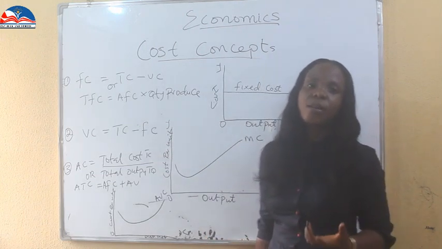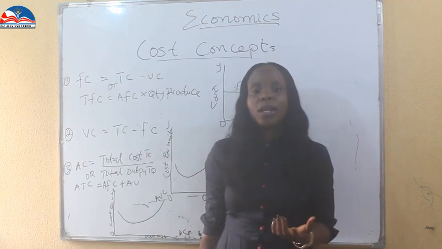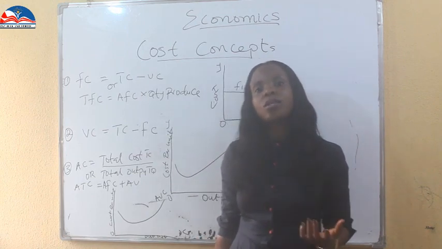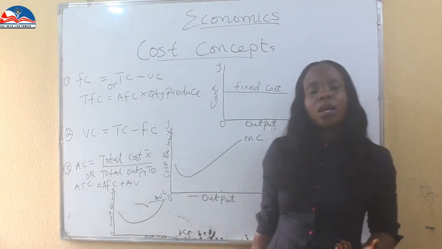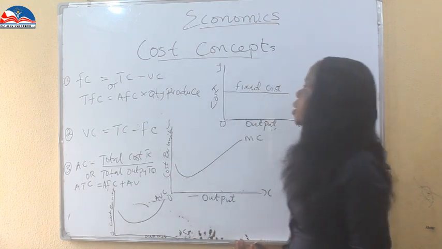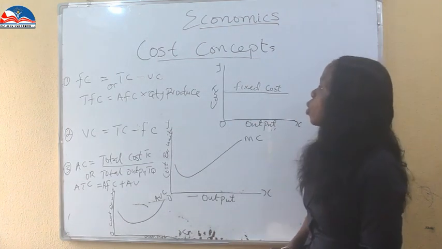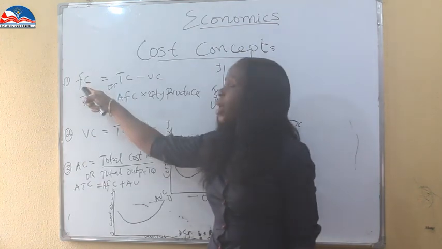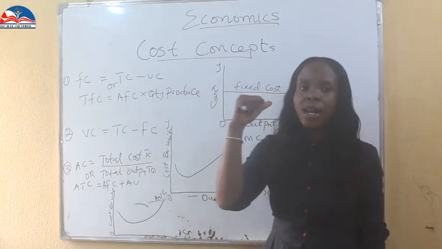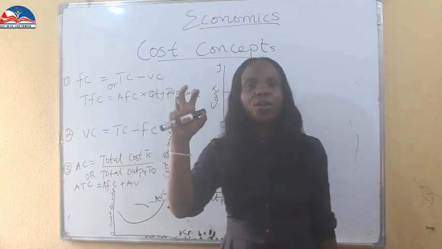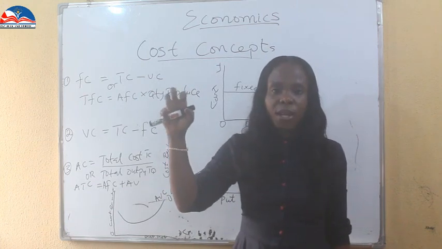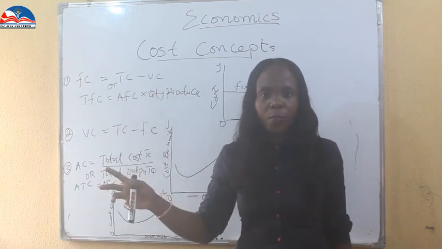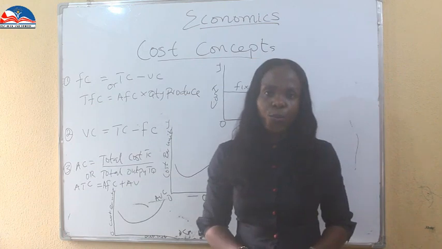So today, let's take an imaginary curve of each of these cost concepts. Let's look at fixed cost, which is represented by FC. Refer to the last class. I wrote each of these and explained them, then gave you the formula. Today we're only taking the curve.